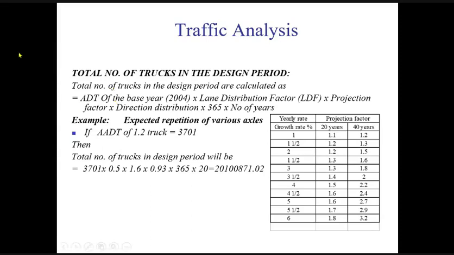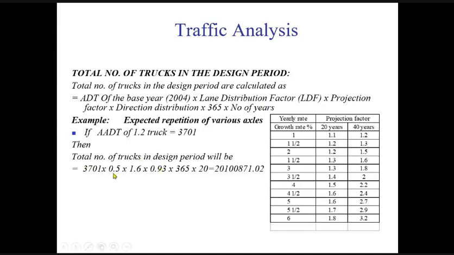So the ADT is 3701. The lane distribution, assuming it to be 0.5, it can be any value. In the last example we have done, it was 0.9. So if it's a 4-lane pavement, you can say 0.9. And if it is an 8-lane pavement, this can be 0.4. So whatever is the value you know from your previous knowledge, you can use it. I have taken this LDF 0.5 because in this manual they have said that this is actually what I'm sorry here.